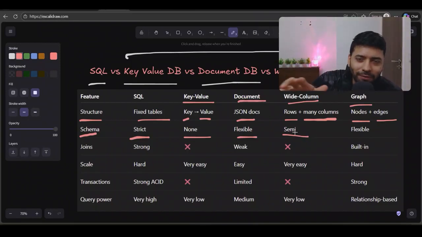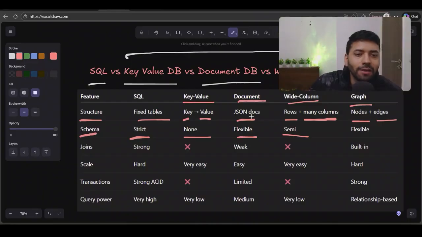Okay, so it's kind of semi flexible because different row keys can have different amounts of columns, but of course you have the columns, like you define the family, right? Whereas when we talk about document database, you just have the data in the document. So in a document you can keep any format or any schema. So in that way document database is more flexible.